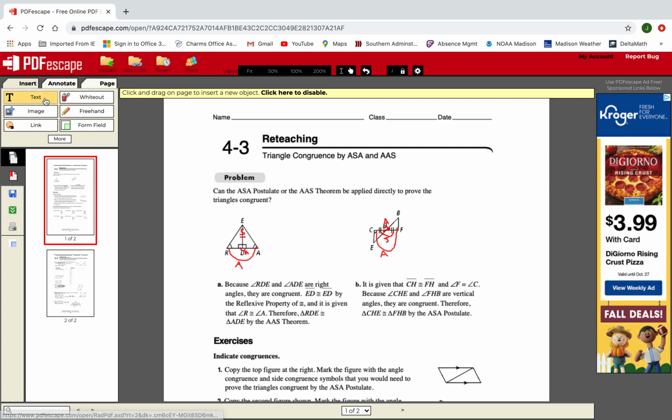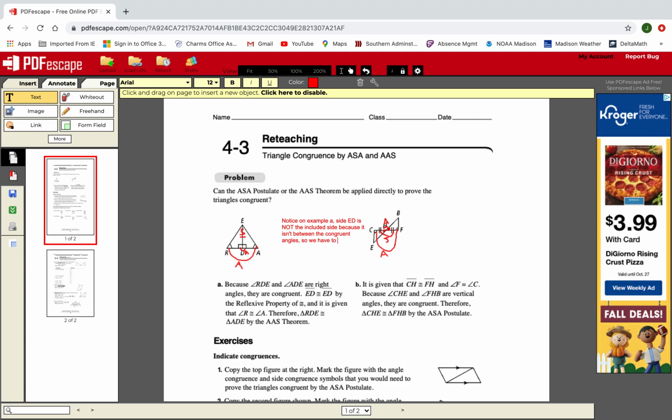Let's type some notes to that effect. Notice on example A, side ED is not the included side because it isn't between the congruent angles.